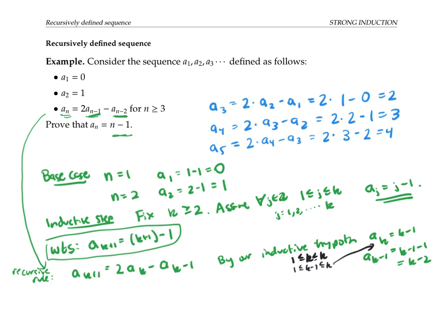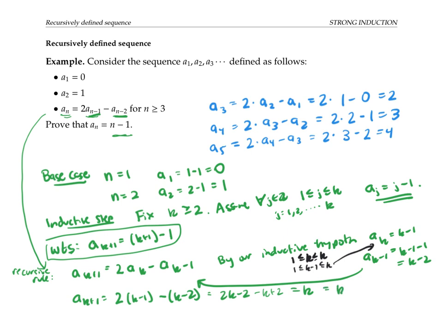Plugging this into our recursive rule, we get that a_(k+1) is twice (k minus 1) minus (k minus 2). This simplifies to 2k minus 2 minus k plus 2, which is k. And that's exactly the same thing as (k+1) minus 1.